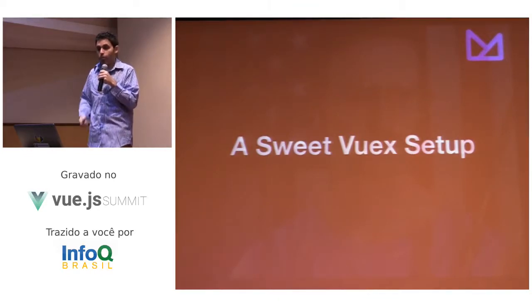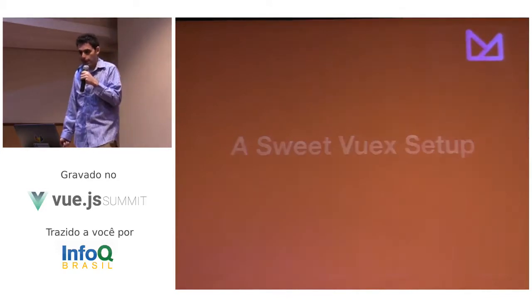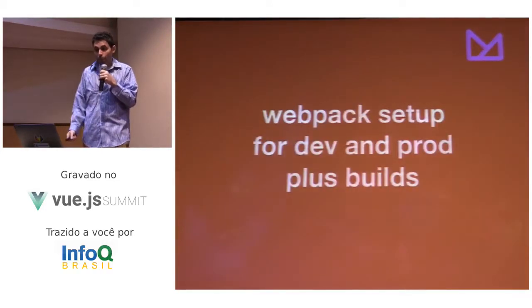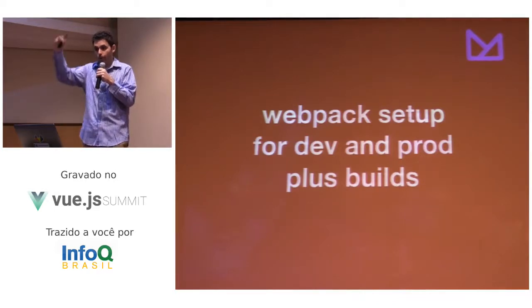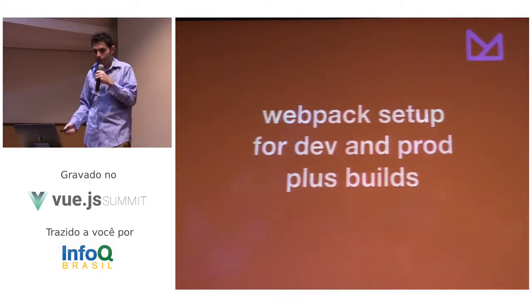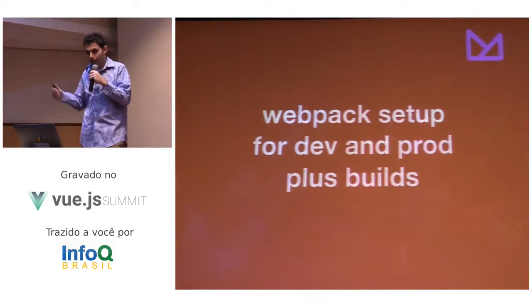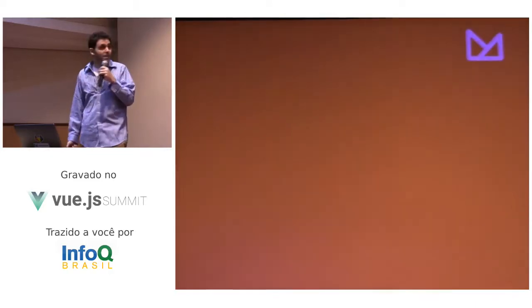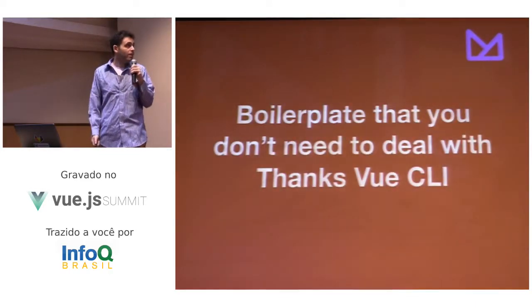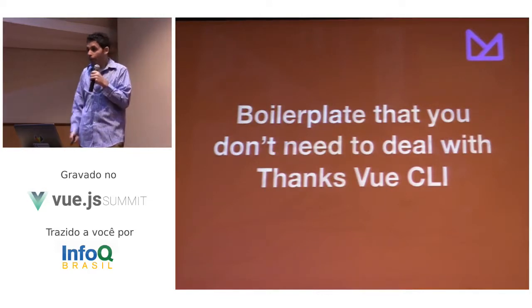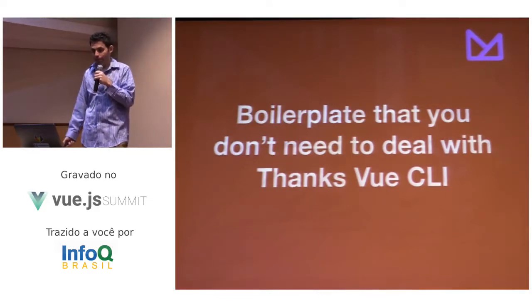Vuex was set up for me from the beginning, which makes it really easy. I also got Webpack set up. I have all the Webpack configs already set up, dev and prod and builds. So that's a lot of boilerplate that I don't need to deal with, all thanks to Vue CLI.